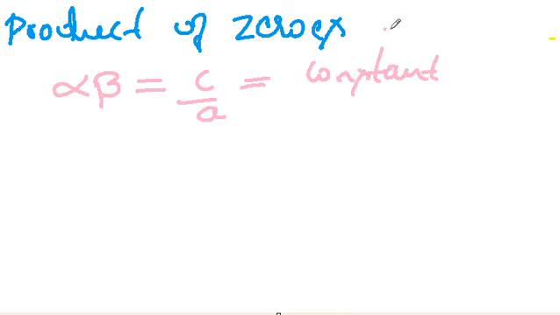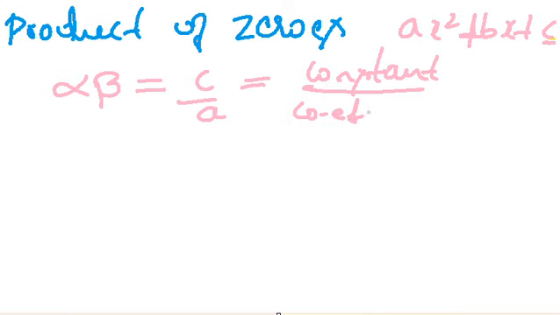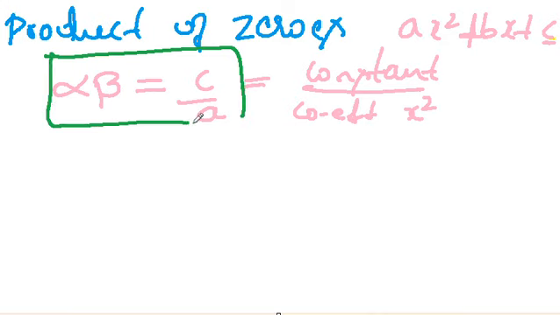I have written the quadratic polynomial as ax square plus bx plus c. Here c is the constant and a is the coefficient of x square: constant divided by coefficient of x square. This is the standard formula to find the product of two zeros in a quadratic polynomial.